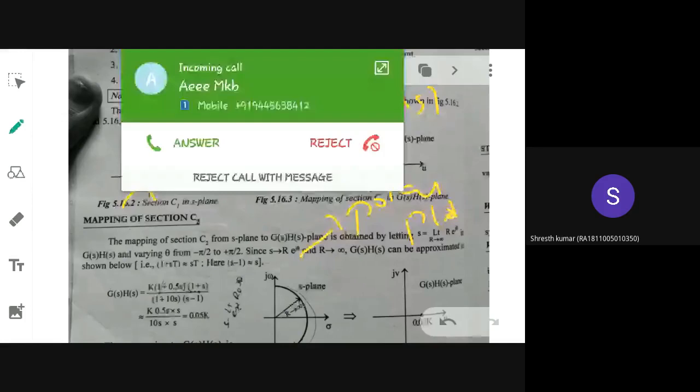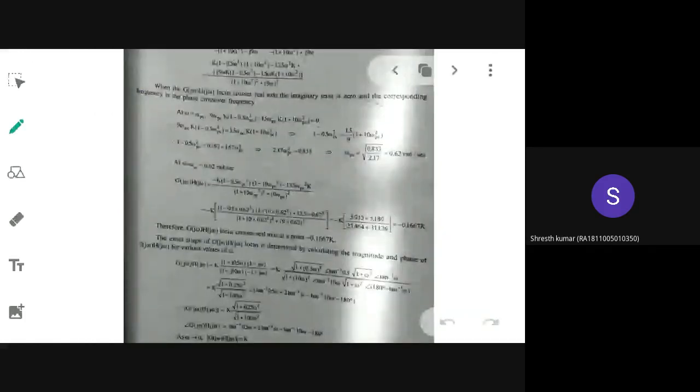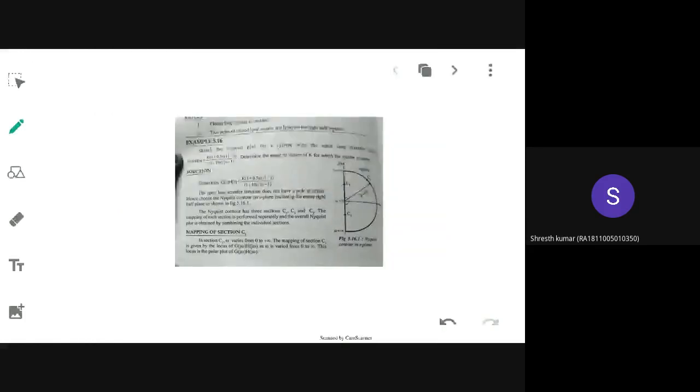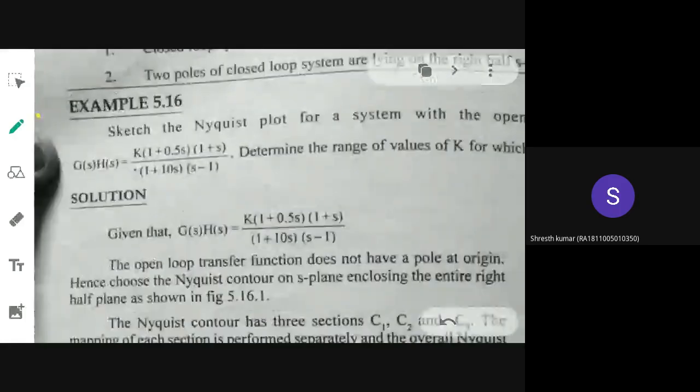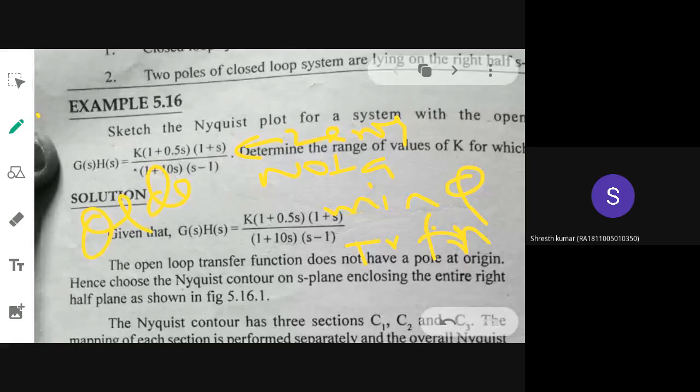This system is not a minimum phase transfer function, it is also having zeros, so it is not possible. You have to go for another methodology.